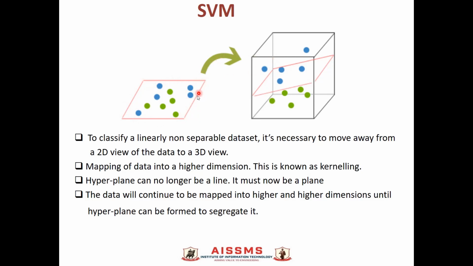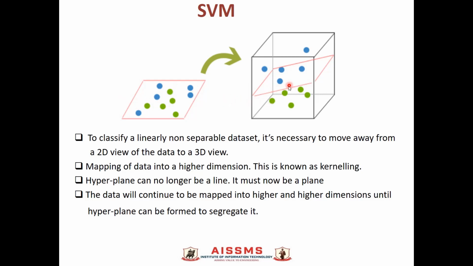Here in this case we can see that it is a two-dimensional plane, and the data points of this two-dimensional plane are mapped into a three-dimensional plane. It is a 3D space, and in three-dimensional space we are mapping the two-dimensional data points.